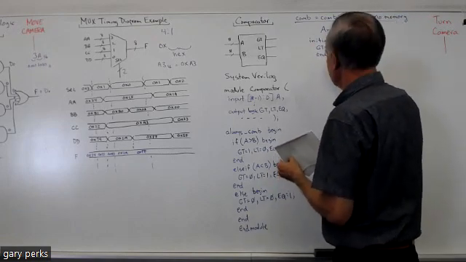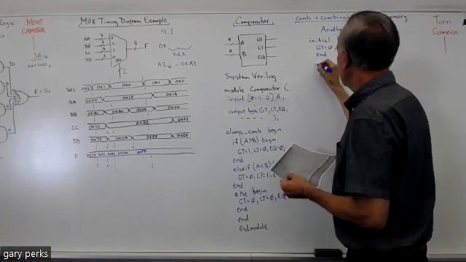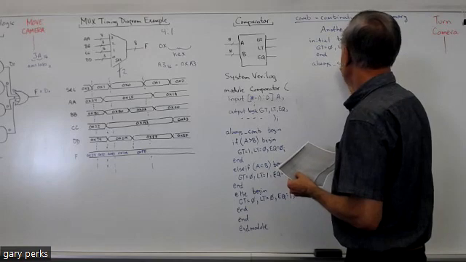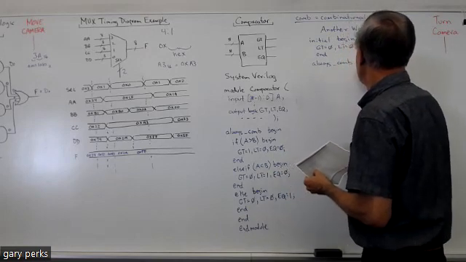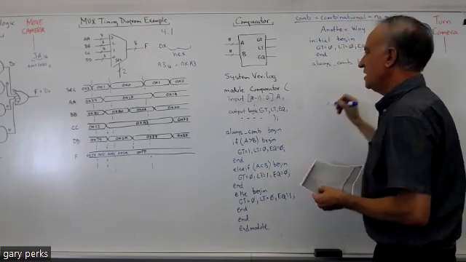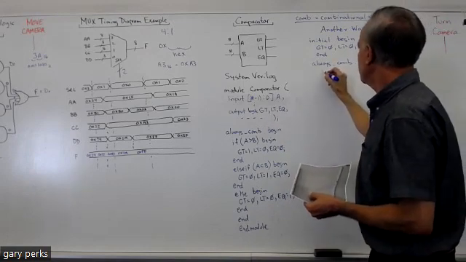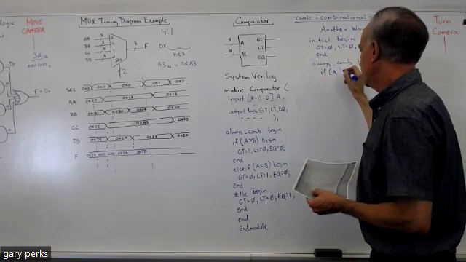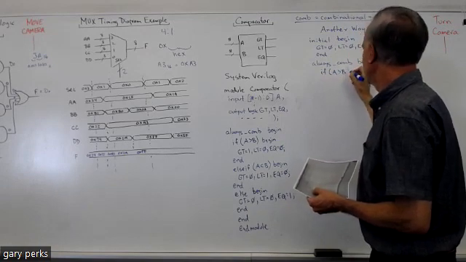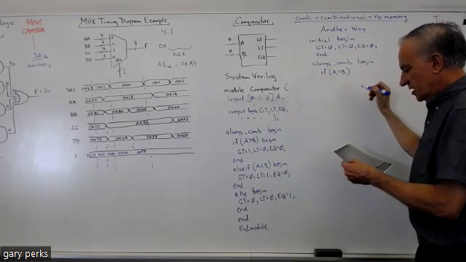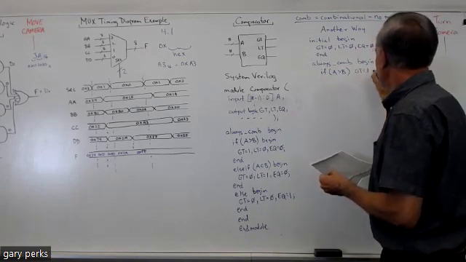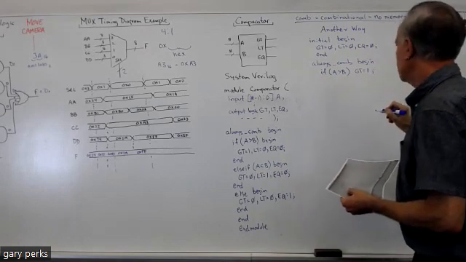Okay, now you do your always. And now, when you do the if statement, if A greater than B, you would just put the output that changes. So this would be GT equal 1 semicolon.